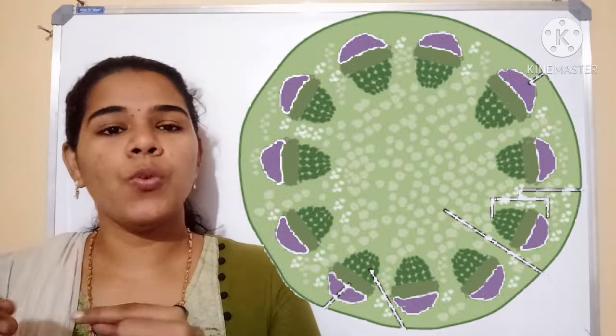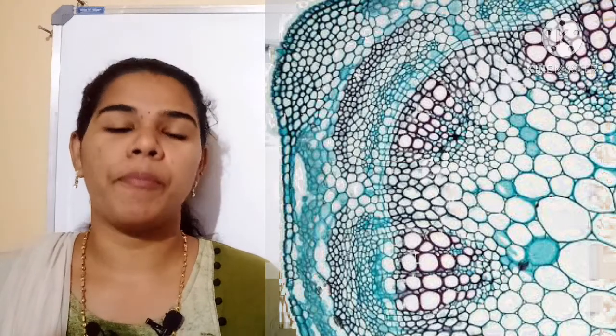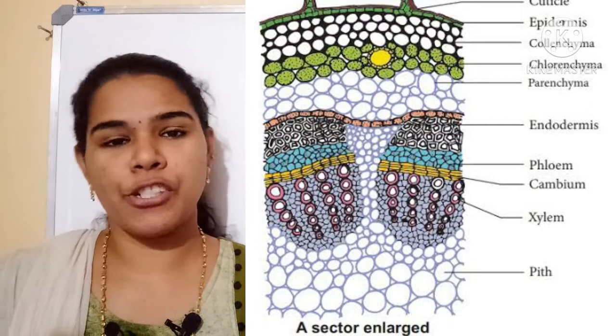The outermost layer of the stem, or any part of the plant, is covered or protected by the epidermis. The next layer is the hypodermis, which is made up of collenchymatous tissue.